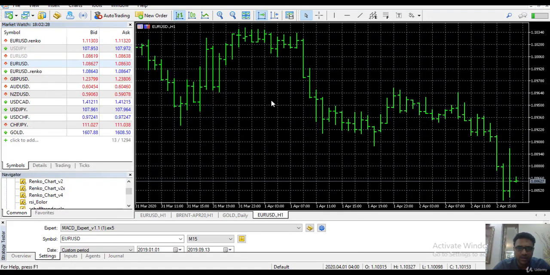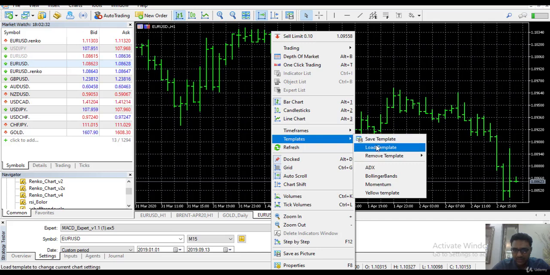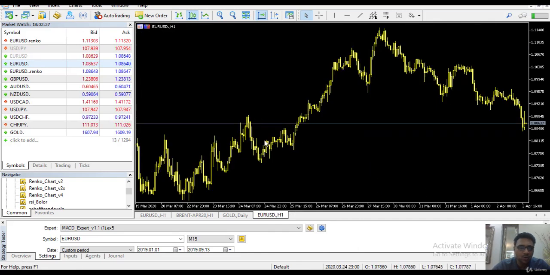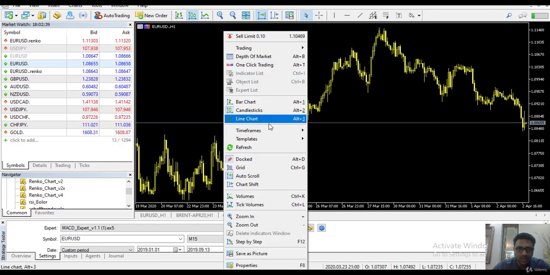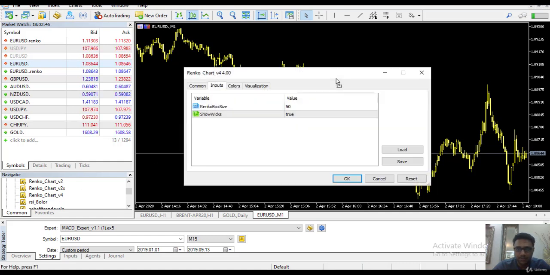Let's look at a bigger brick size that would give us a very good example of how we will be looking at Renko charts. Okay, let's move on to 1 minute, and let's put up 200 points. So one brick will represent 200 points.